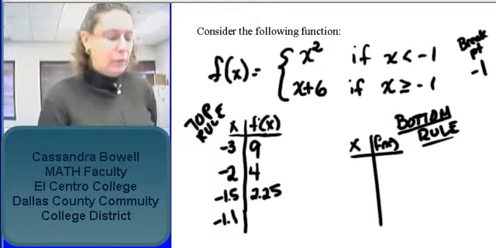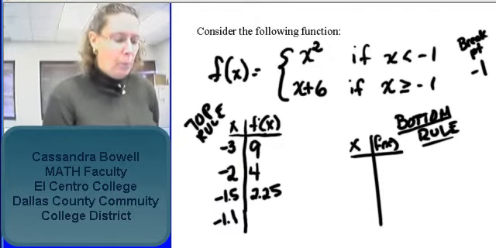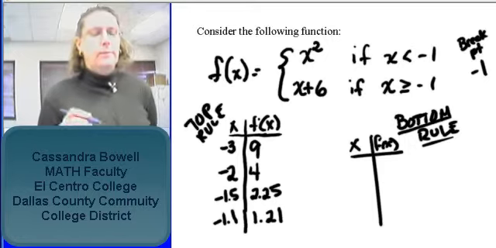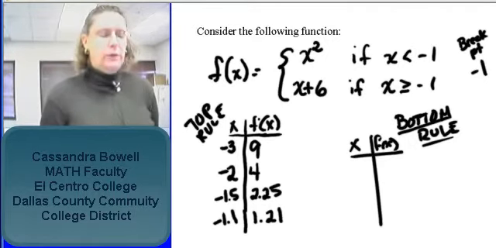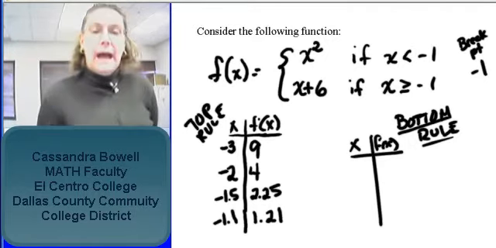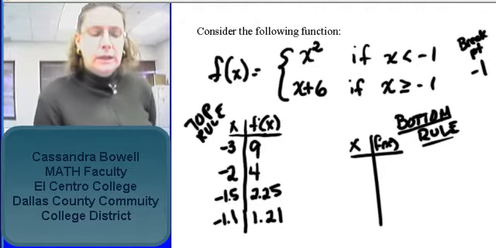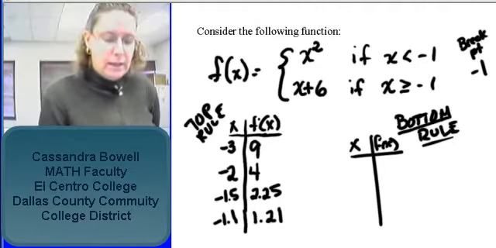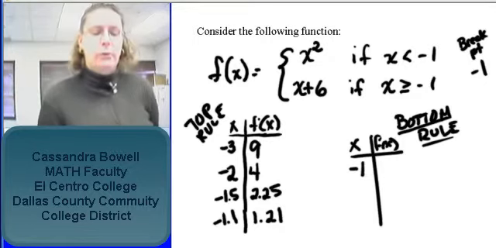If x is -1.1 and we square that, we're going to get 1.21, a positive value. Now we can get very close to -1, but if we get actually equal to -1, because of the condition of the piecewise defined function, we have to jump over here to -1 on the bottom rule.